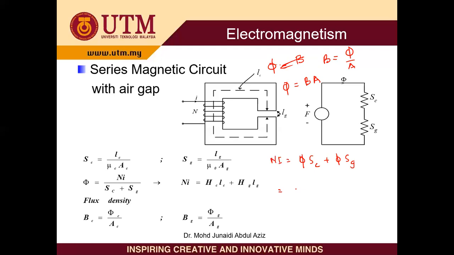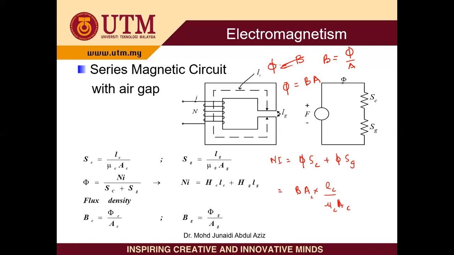We can write this as BA, and Sc is the length of the core over mu of the core multiplied with the cross section of the core.